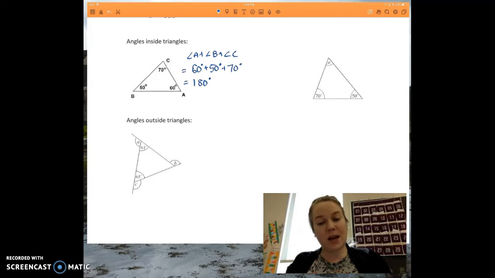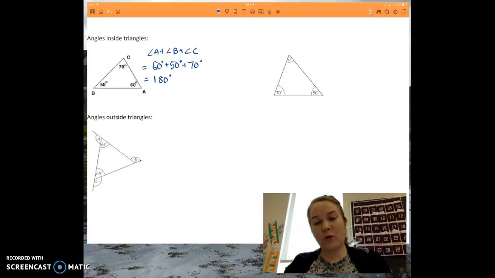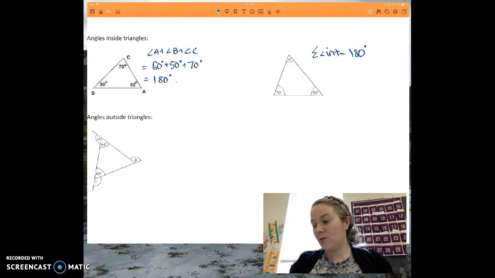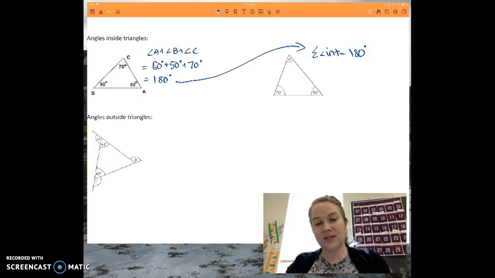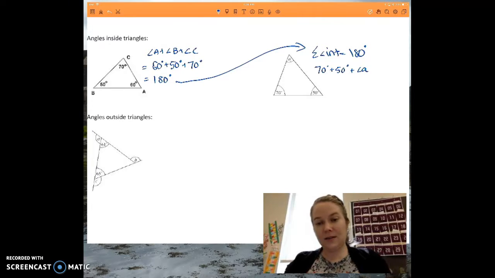So we can use that property in a couple of different ways, but we're going to use that right now to look at this example over here, where the sum of interior angles equals 180 degrees. We learned that there, so we're going to use that again. So what we have here is 70 degrees plus 50 degrees plus angle A has to equal 180 degrees. Can we find what angle A is?